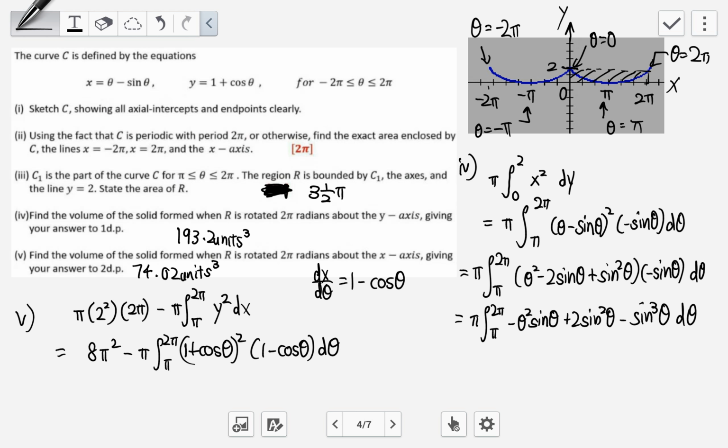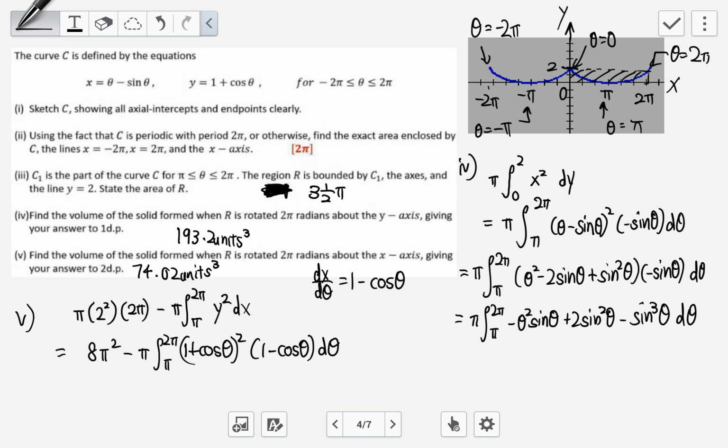So I'm supposed to integrate this expression to get the answer to the fifth part. Minus away this from the cylinder, I'll get the volume generated by rotating this part about the x-axis. This is the second part of the question.